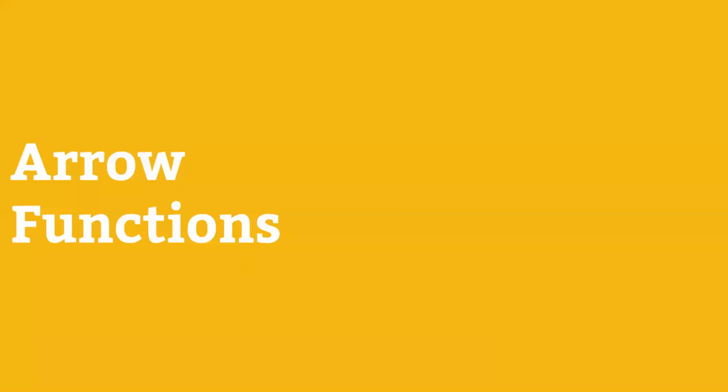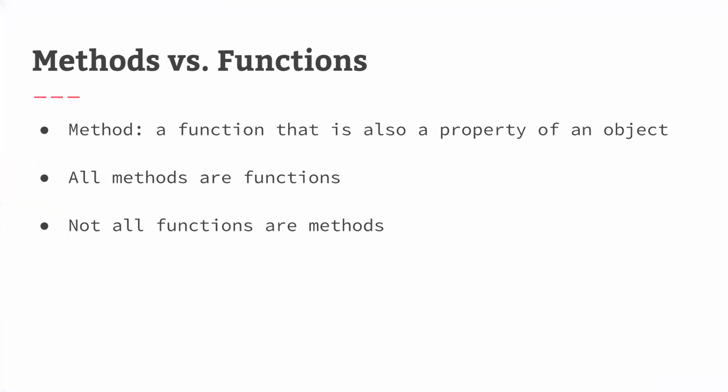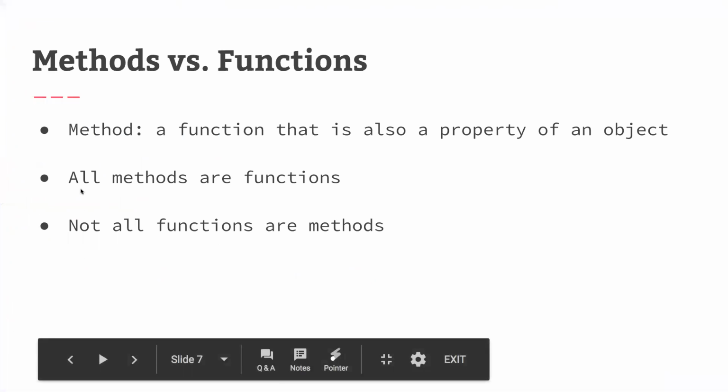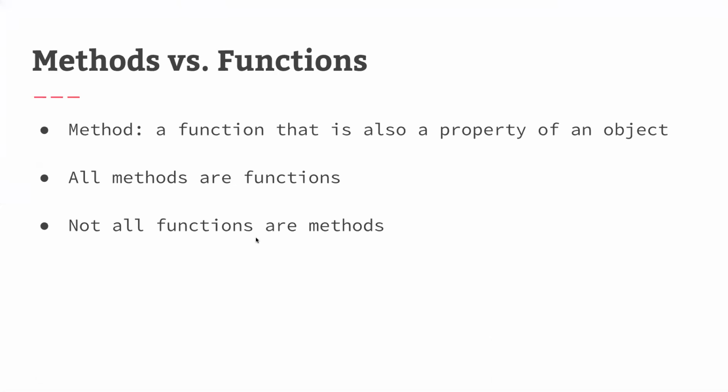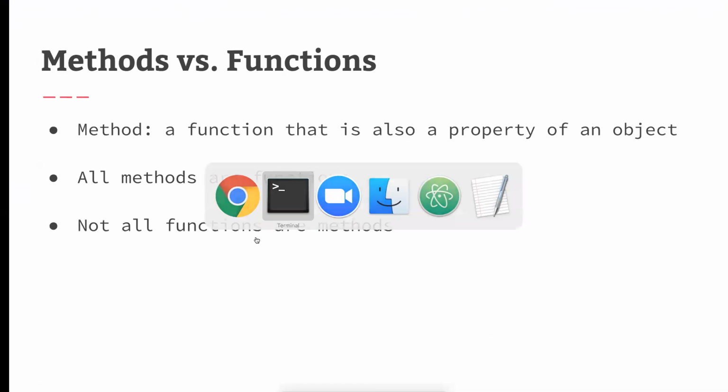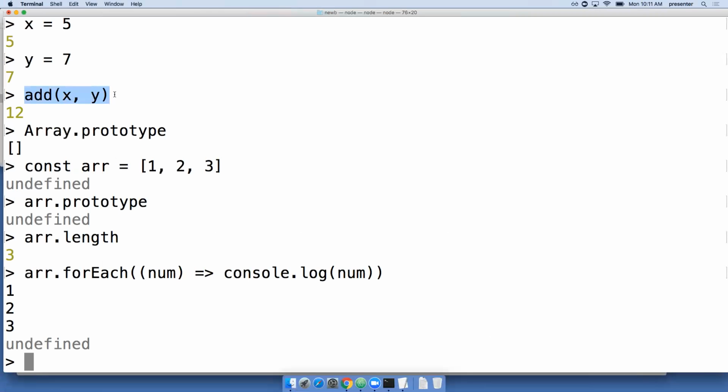You said not all methods are functions. All methods are functions. Not all functions are methods. Right, so forEach is a method because you need to run it on an object. But this add that I have here, that's a function that is not a method.